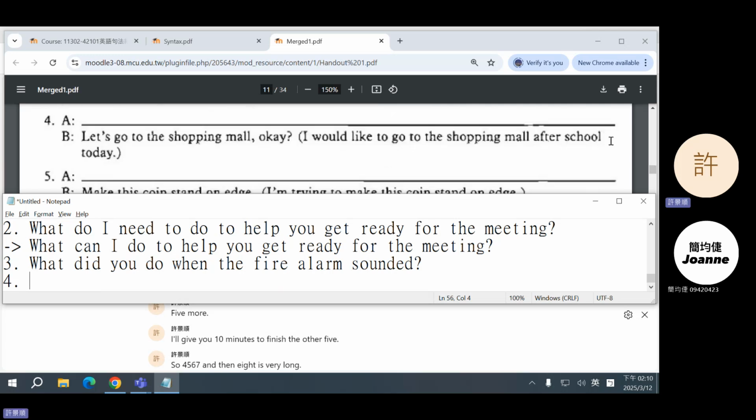Okay, 10 minutes. Yes, I think it does make sense. You don't have to put the do right next to the what. You just have to use the word do somewhere in your answer.